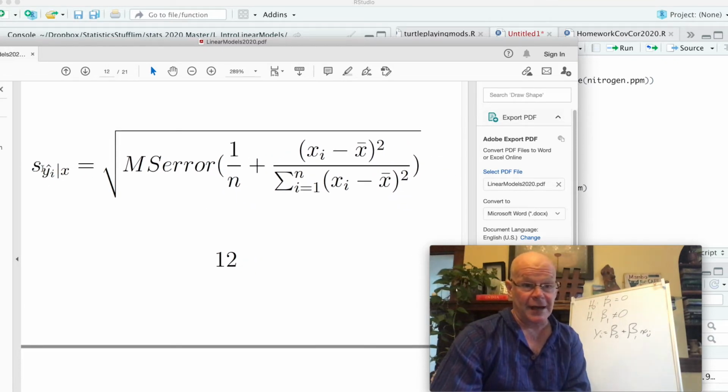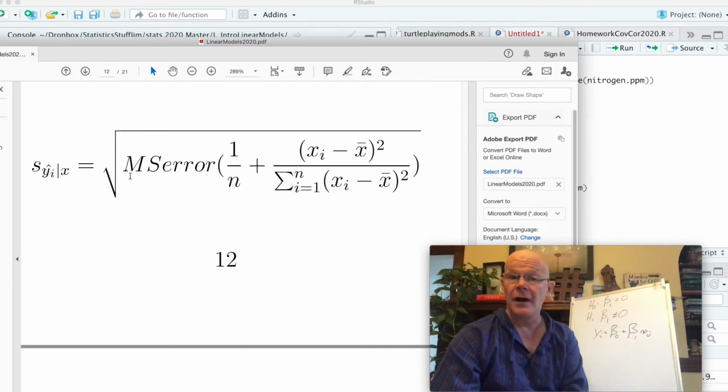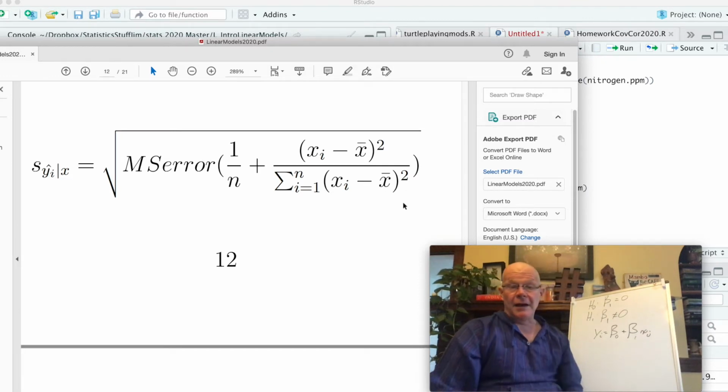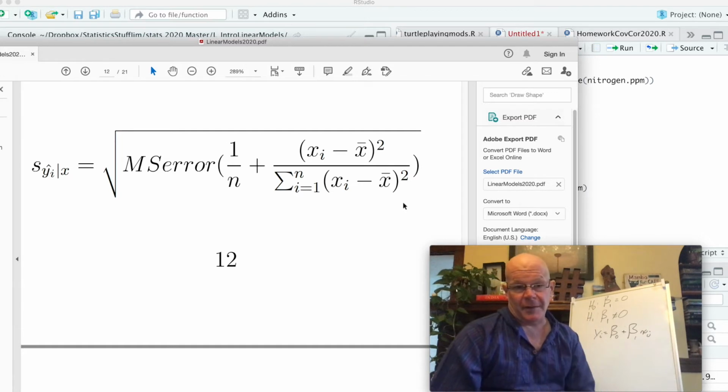And here what we're looking at is our predicted value of y given a particular value of x is going to equal the square root of our mean squared error times 1 over n plus, and now you'll see it's the squared deviation of that given value of x from the mean divided by the sum of all of our values for x minus the mean of x squared. Okay? And again, you don't have to worry about the arithmetic.